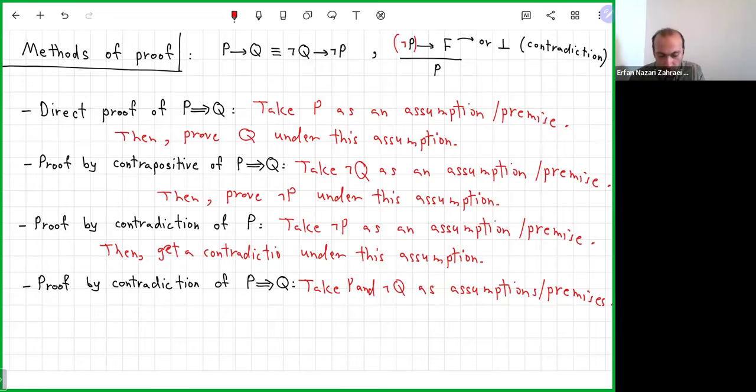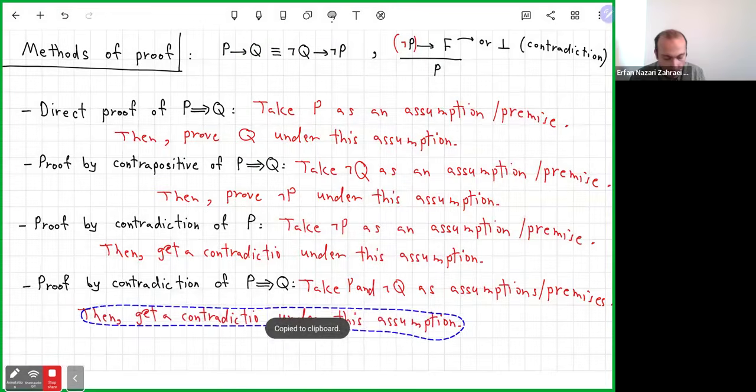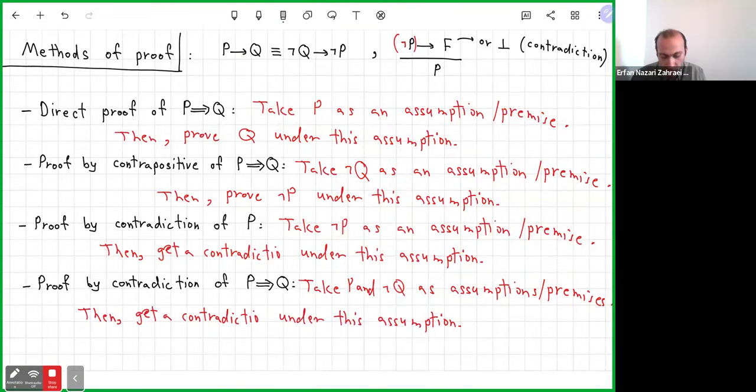Then I need to get a contradiction under these assumptions. Then basically I prove this.